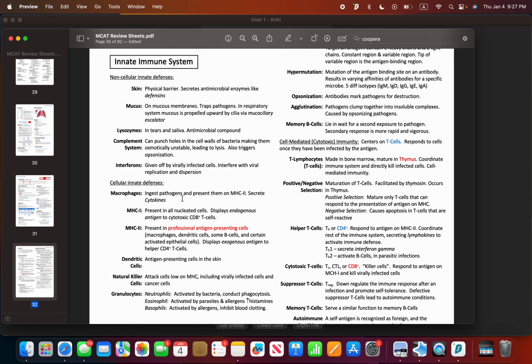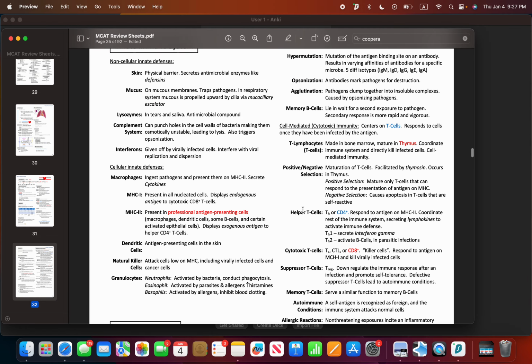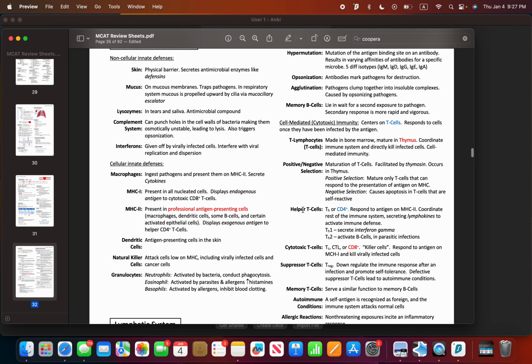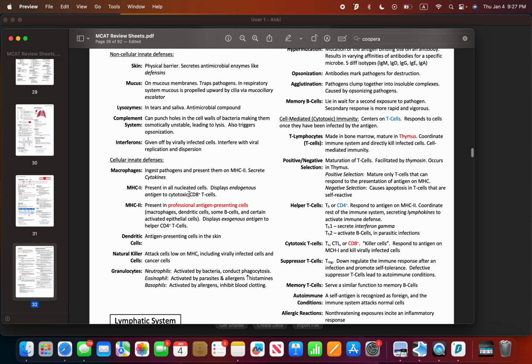They present them on their MHC2. They can also secrete cytokines. Do we have them anywhere here? We need to know what cytokines are and what they are helpful for.